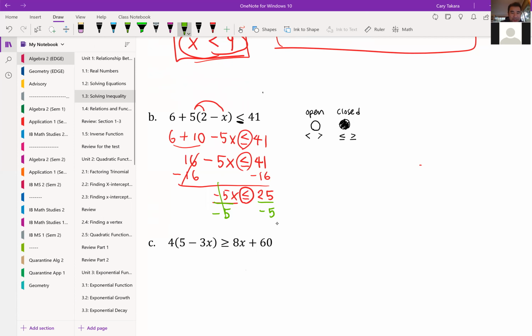So your answer is going to be x is greater than or equal to negative 5. Not because the answer turned out to be negative 5, but because you divided both sides by a negative number. That's why you're going to flip the sign.